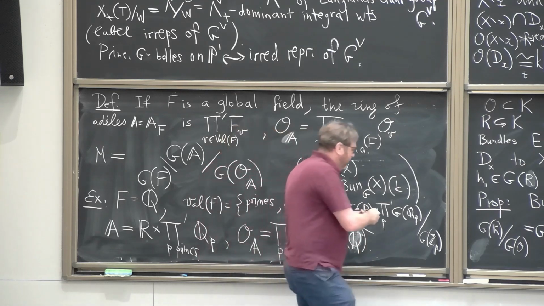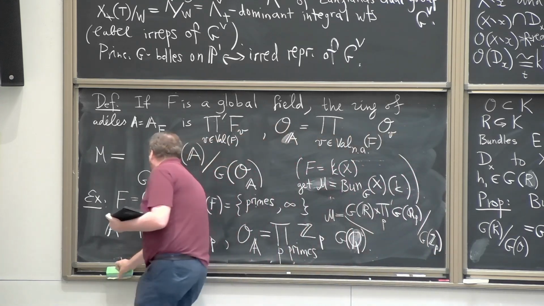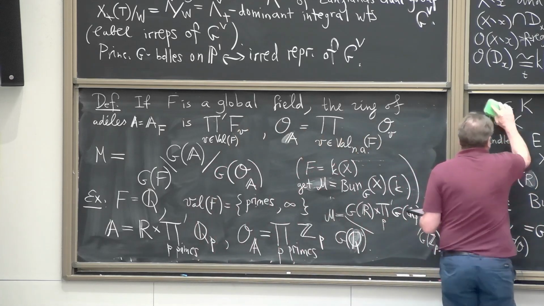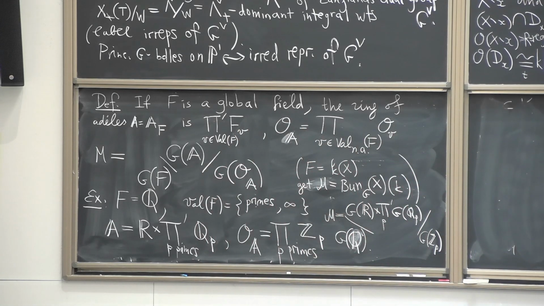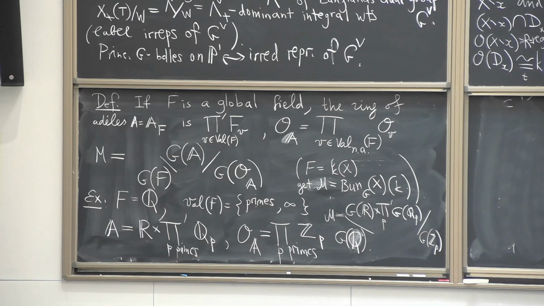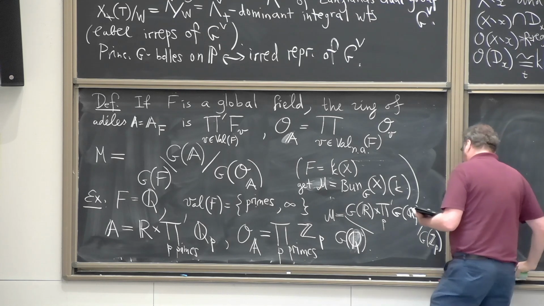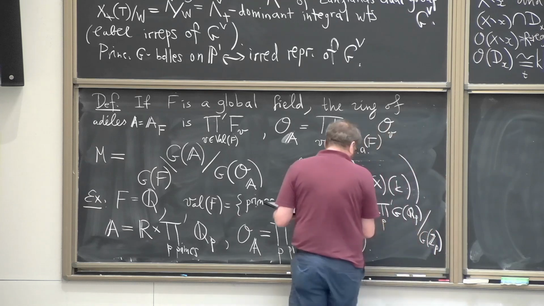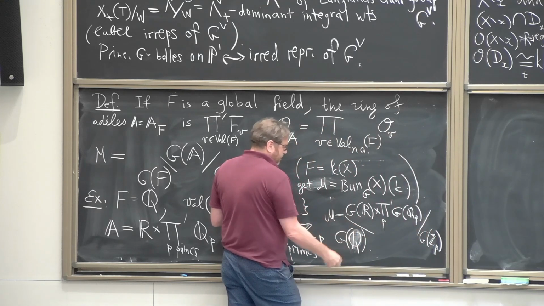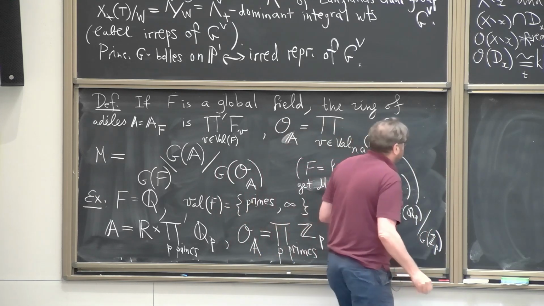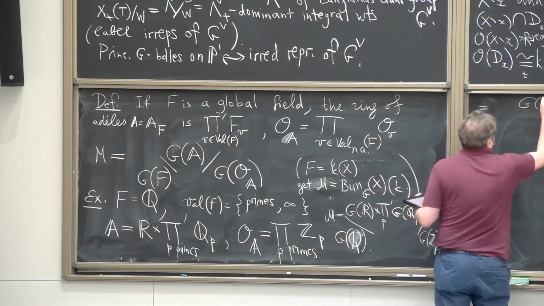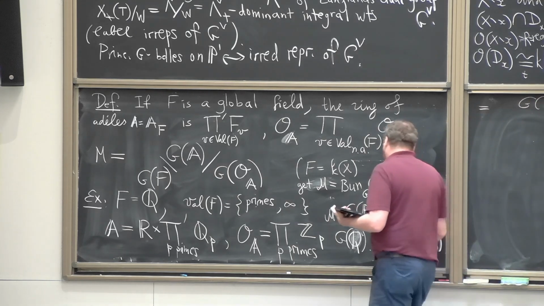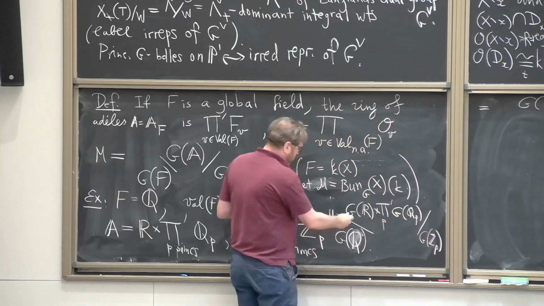This is non-trivial, but it's proved in number theory that the map from G of R into here is surjective, and so this is just G of R. There is a G of R action on the right, and this is just G of R modulo G of Z.